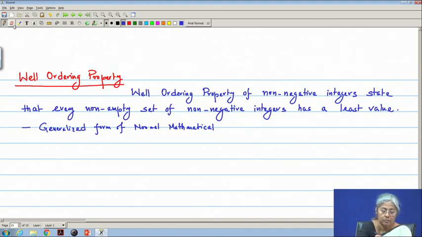So, I can write it as the generalized form of both the forms of mathematical induction.